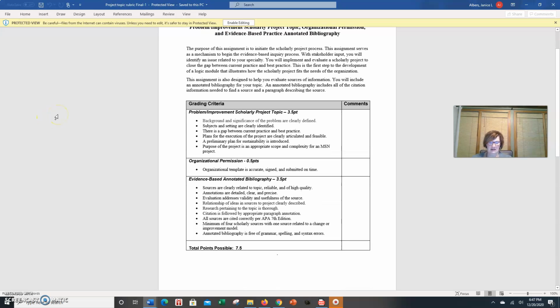This is something that we will be talking about, and I look forward to any questions that you may have about this particular process. But again, we're going to define that problem, we're going to get permission to do the project, and we're going to dive into the evidence and see what the best evidence is, how we can elevate from current practice to best practice.